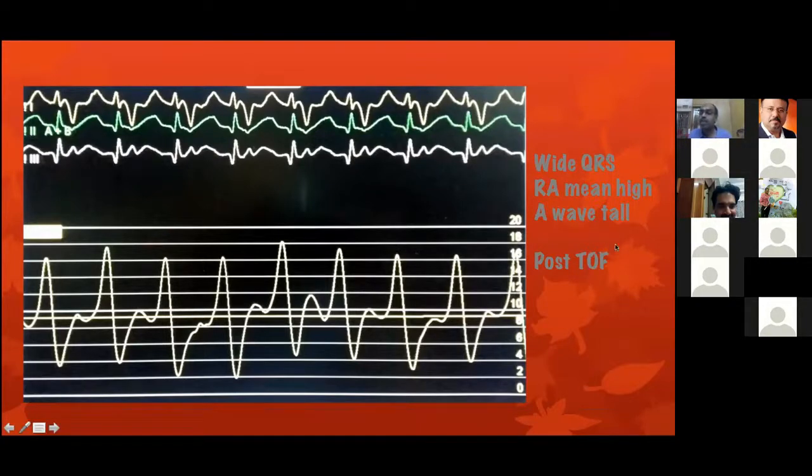Could you explain why systolic pressure increases in ventricularization? Whenever there is aortic regurgitation or pulmonary regurgitation, the regurgitant volume comes back into the left ventricle or right ventricle. It gets added to the next cycle's stroke volume.